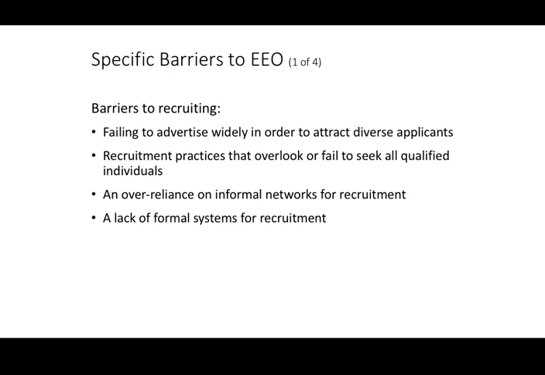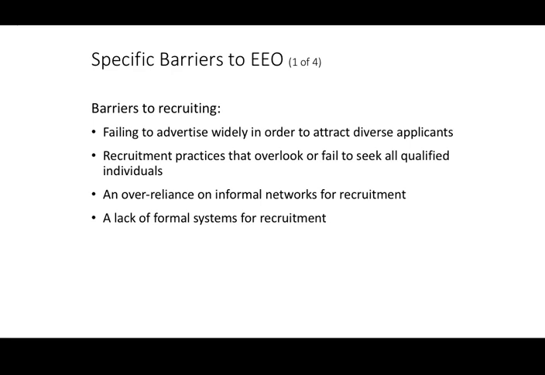You also are going to have an issue if you have recruitment practices that overlook or fail to seek all qualified individuals. So whatever it takes, we want to make sure all qualified individuals are included. You can't say, well, we need more women, so you're ignoring all the qualified men that are out there, and vice versa. We need more men, so therefore we're going to ignore all the qualified women.